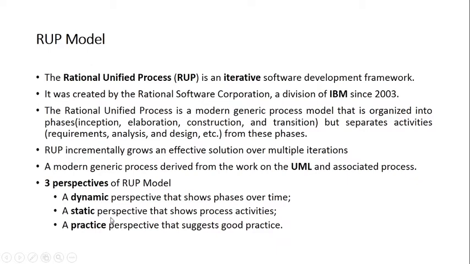Well, what is static perspective? It says that the process activities, the workflows, the SDLC activities, are iterated in themselves. I'll show it with the help of a diagram. Just understand it this way.